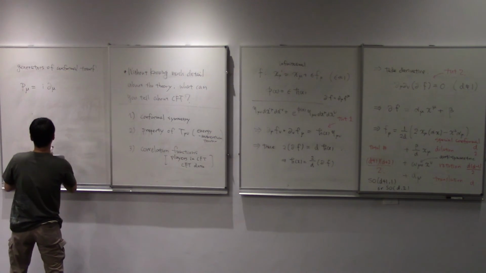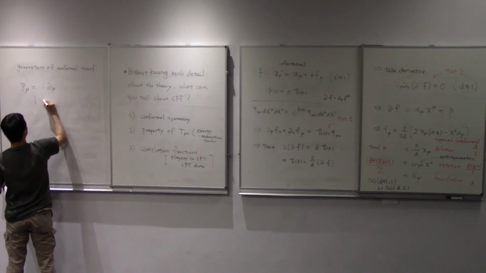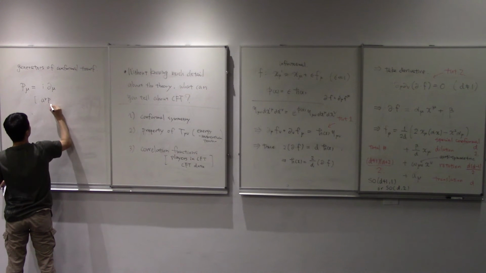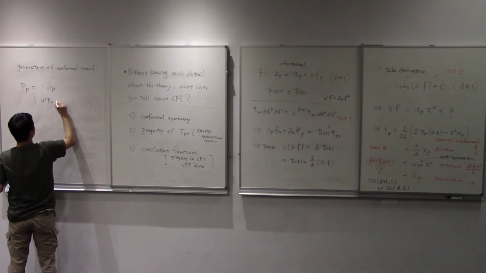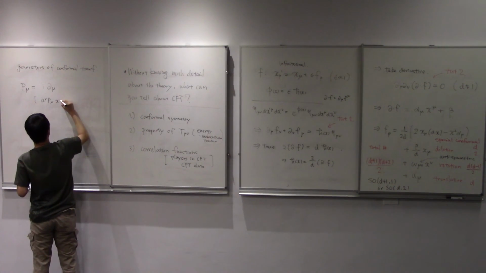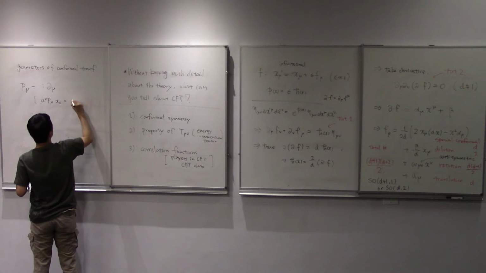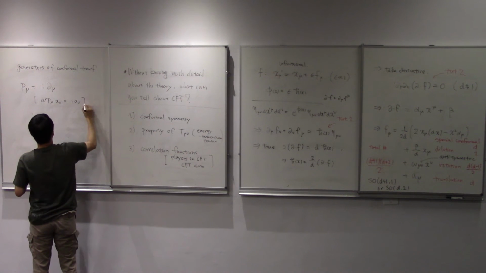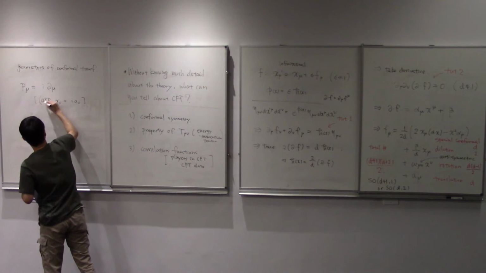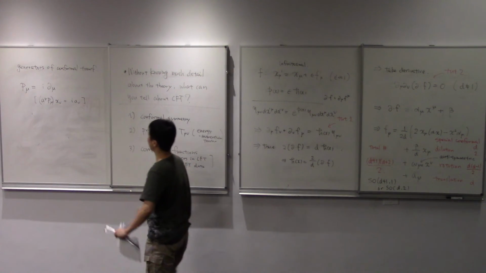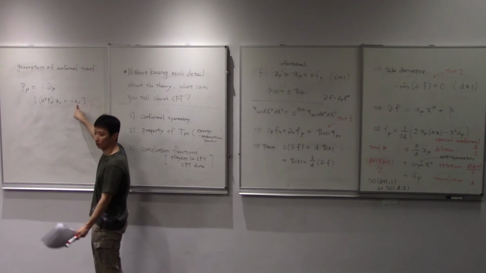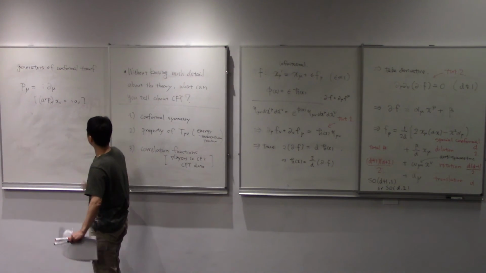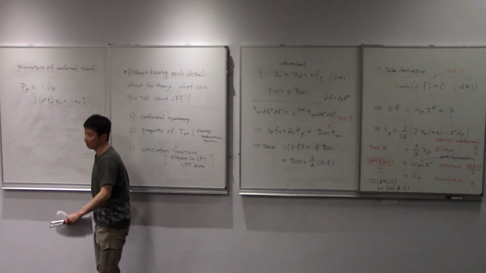So, to be precise, when this acts on x^nu, then it will give i delta^nu. When this generator acts on x, it will give you a. So that means x is shifted by a.